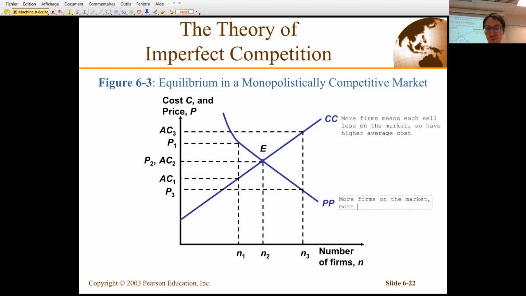More competition, because there are alternatives for consumers.